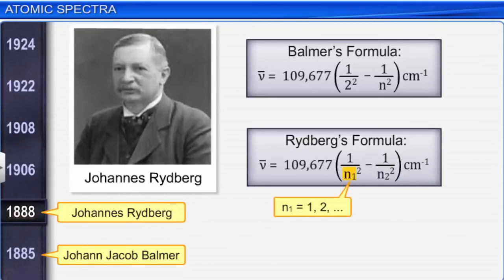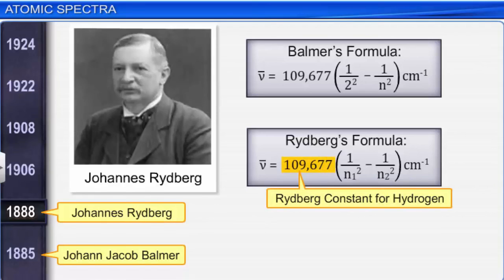Here n1 is equal to 1, 2 and so on, and n2 is equal to n1 + 1, n1 + 2, n1 + 3 and so on. The value 109,677 per centimeter is called the Rydberg constant.